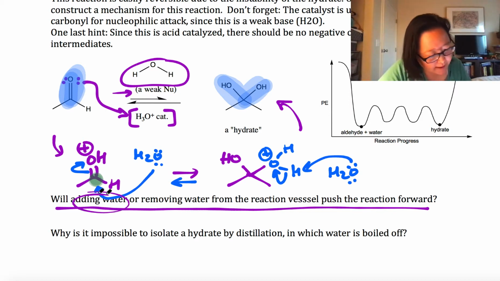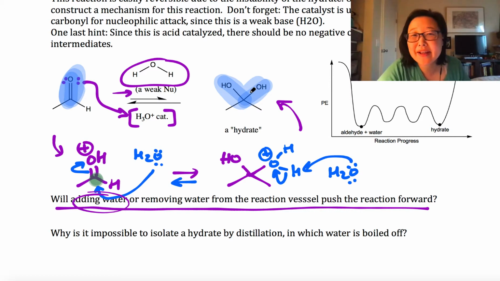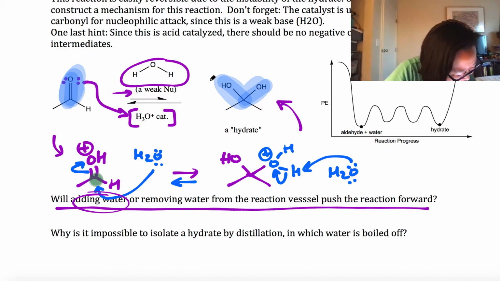And then if you try to isolate this by distillation, usually we purify things by distillation. It doesn't work in this case because water is being boiled off, and that means you're removing a reactant that pushes the reaction back this way. So it doesn't work because of Le Chatelier.